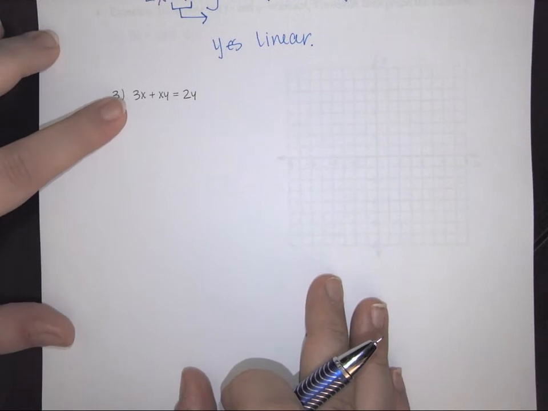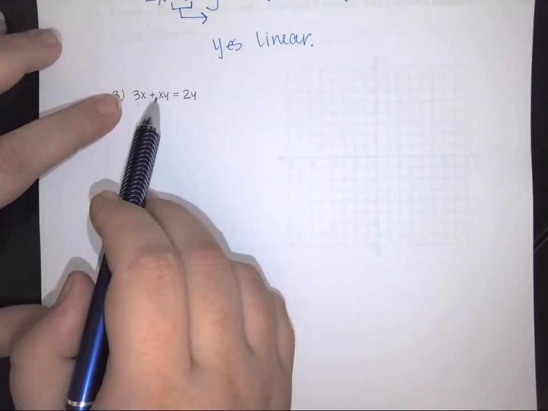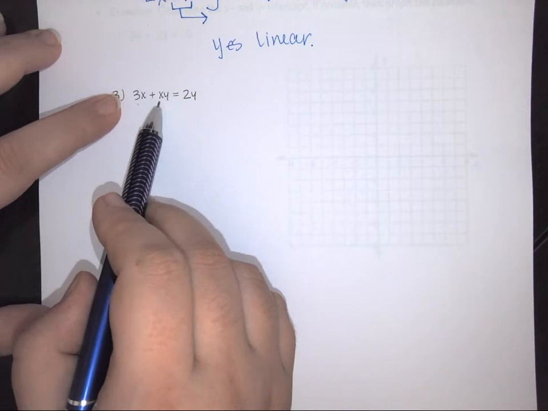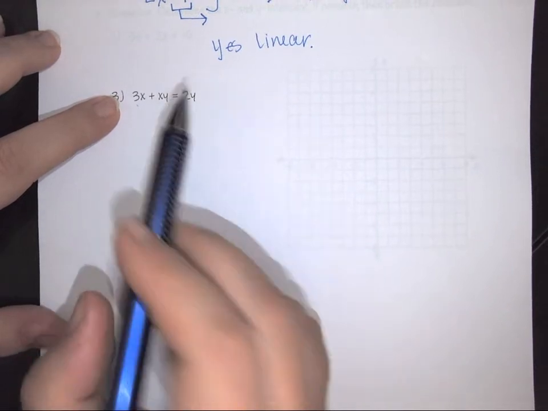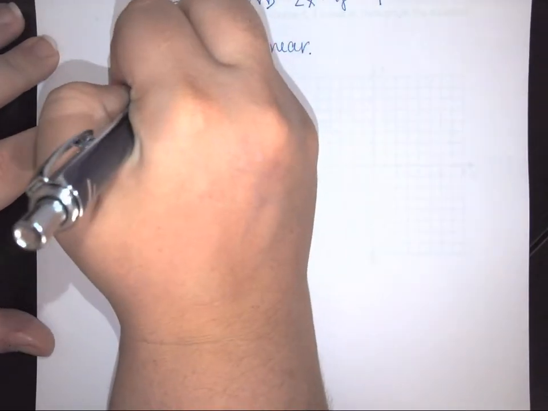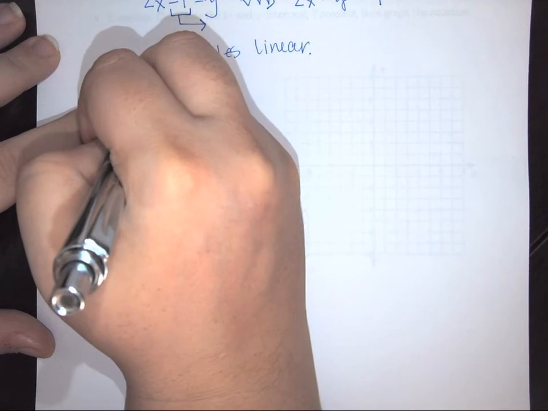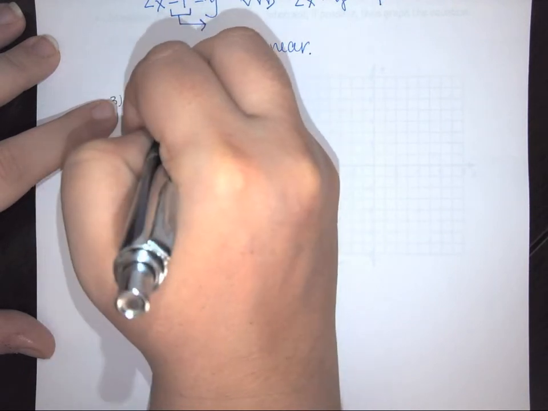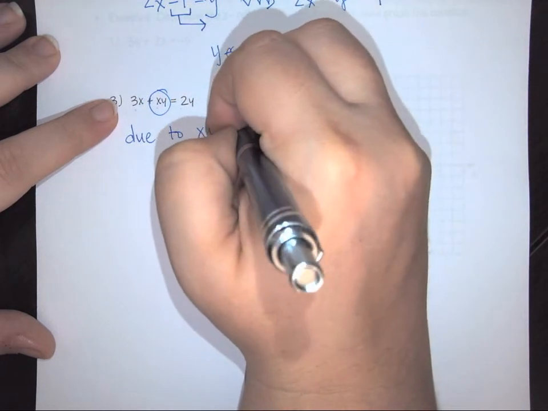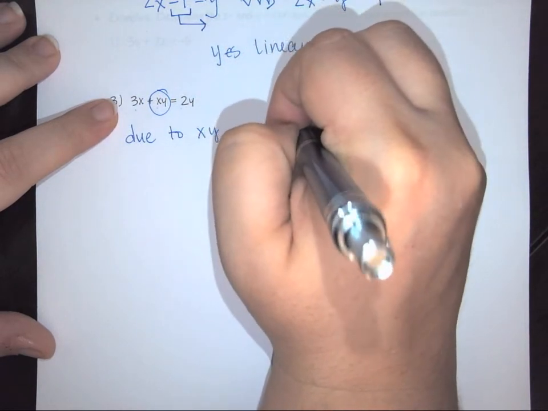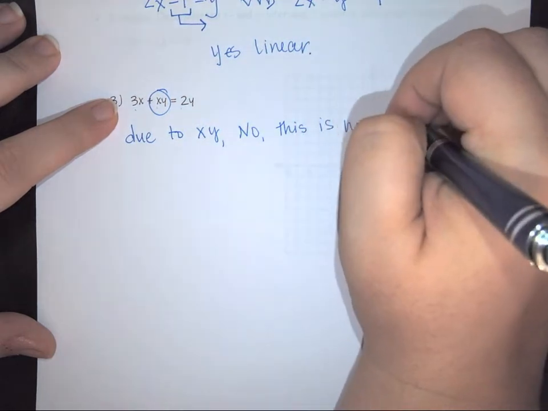Now if I look down at this next one, I have a 3x plus xy equals 2y. So right off the bat, you can identify that due to the xy, no, this is not linear.